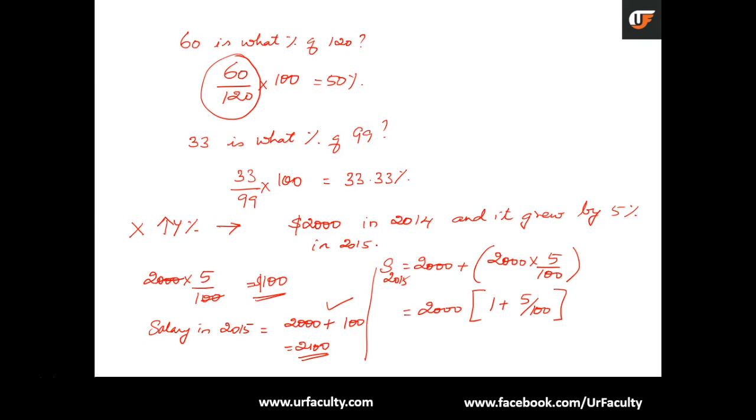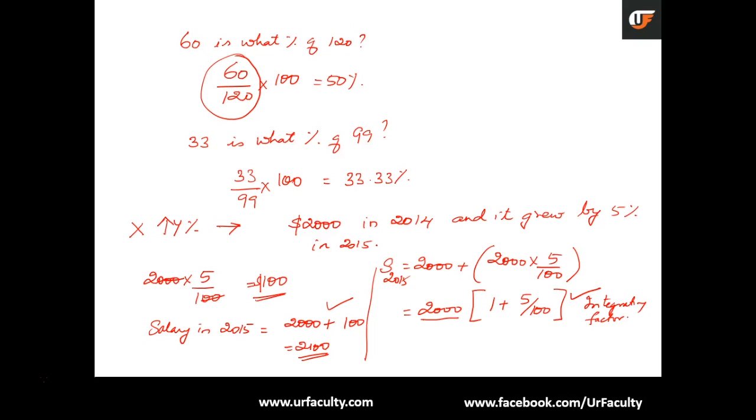I took 2000 out, and this 2000 became 1 because 2000 is common here, and the other 2000 into 5 by 100 became 2000 into 5 by 100 inside the bracket. Now this is what we call an integrating factor. When a value grew by 5%, all that we have to do is take the actual value and multiply it by 1 plus 5 by 100.